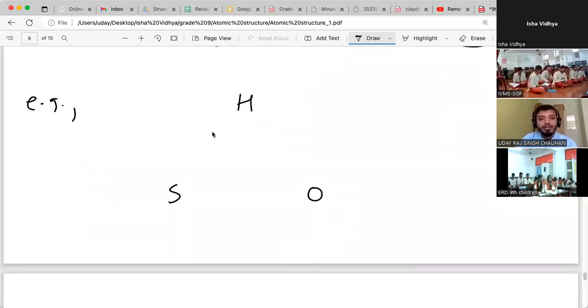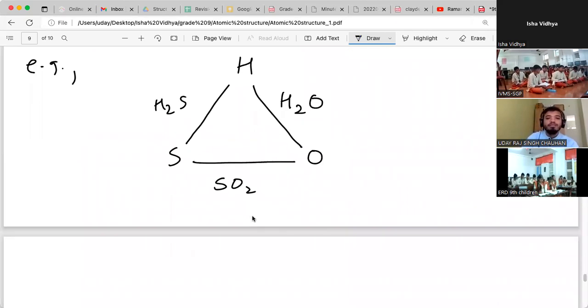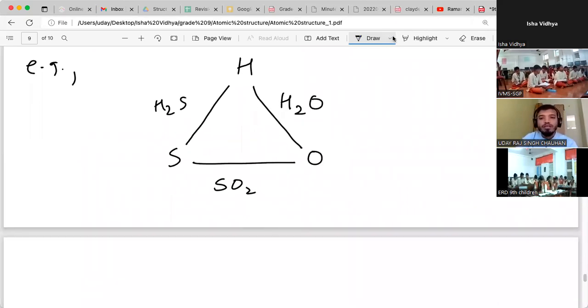These are the 2 elements combining: hydrogen and sulfur form H2S, hydrogen and oxygen combine to form H2O, and sulfur and oxygen combine to form SO2. So you have 2 elements combining with a third, and they are also combining with each other.